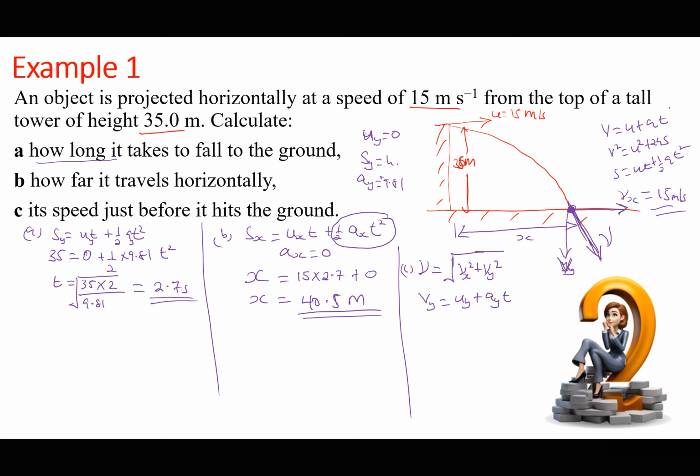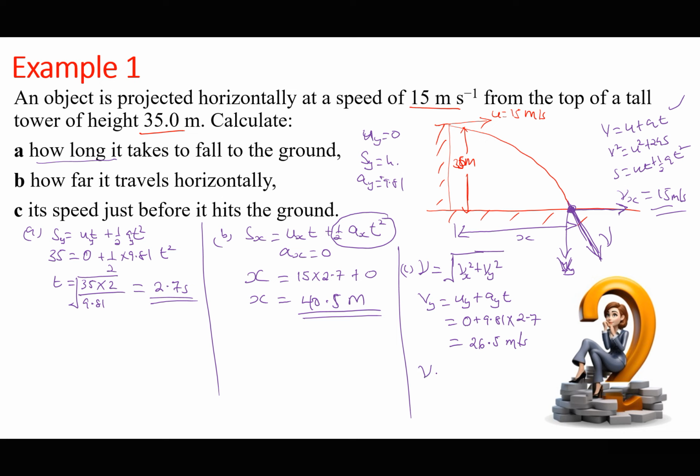I'm using the first equation. So initial velocity in the vertical is 0 plus 9.81, and the time remains the same, 2.7. So Vy is 9.81 times 2.7, which gives us 26.5 meters per second, approximated to three significant figures.